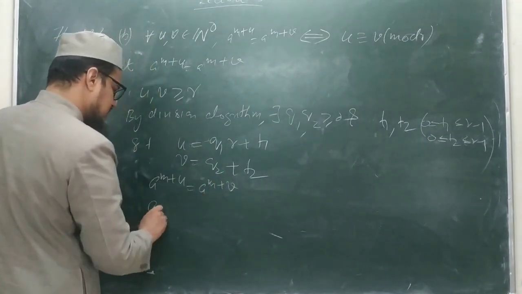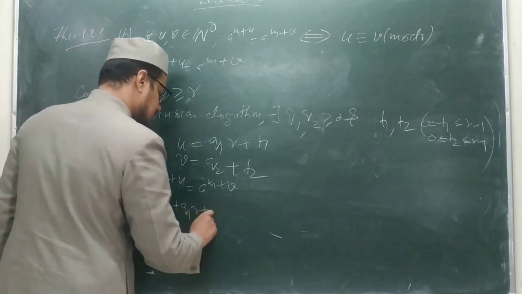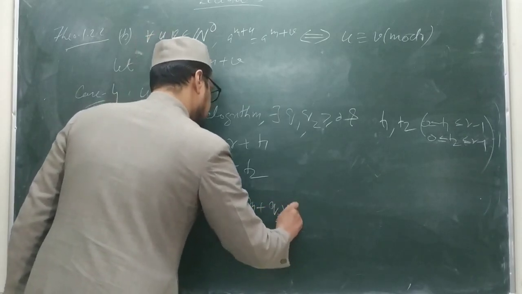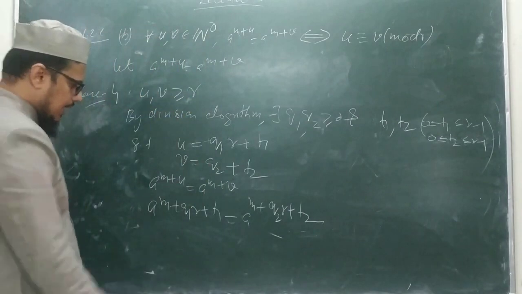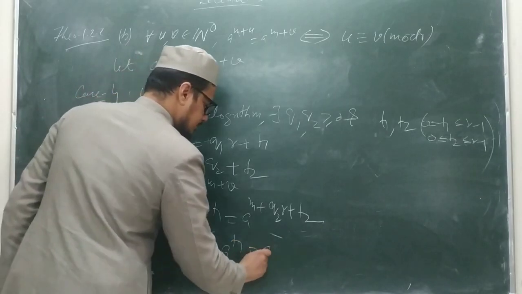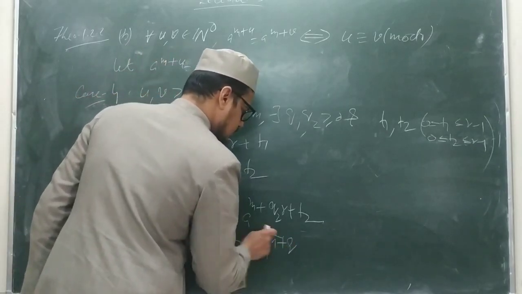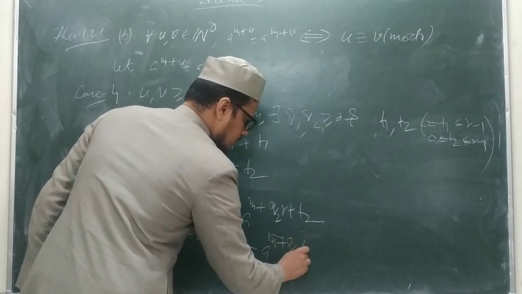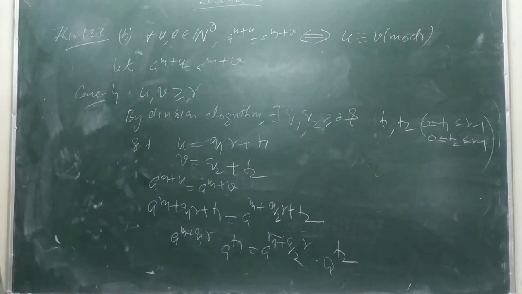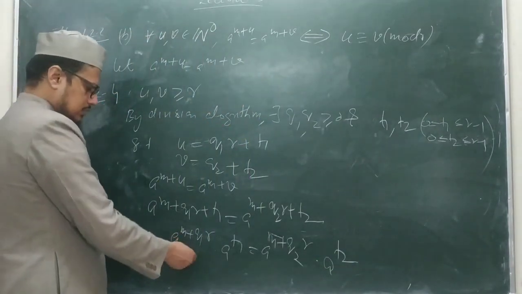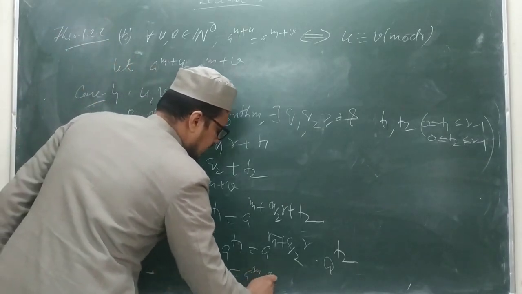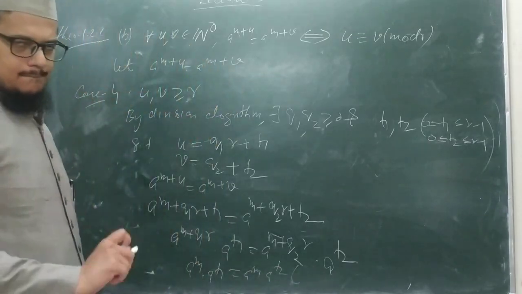Now put the values here, that is a^(m+q1 r+t1) is equal to a^(m+q2 r+t2). So what is a^(m+q1 r)? This is a^m into a^(t1). This is a^m into a^(t2). You can just write the logic in the bracket.